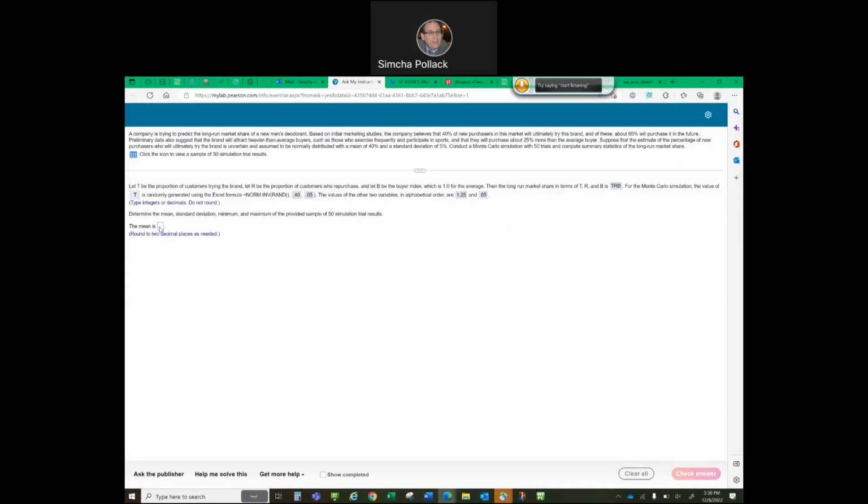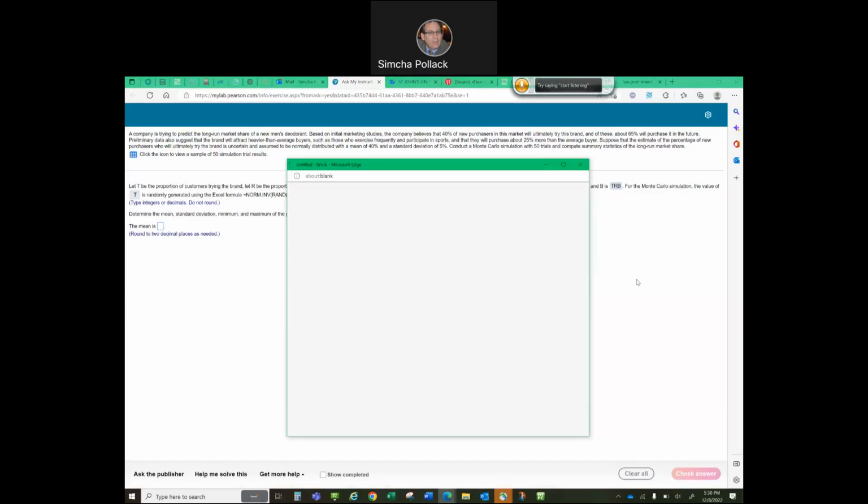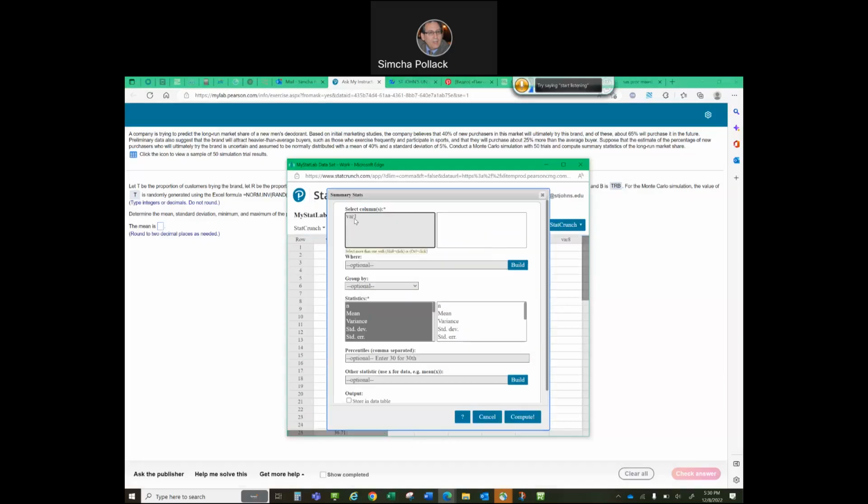The mean is, well, we have the numbers. I prefer to open this in StatCrunch because it gives you averages and all the relevant statistics very easily. Excel's pretty easy also, but StatCrunch just takes a second. You go Stat, Summary Stats, Columns, click on var1, and that's it. Compute.